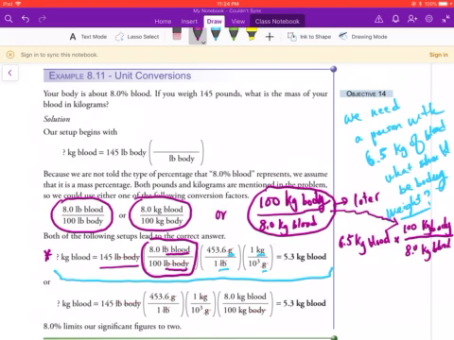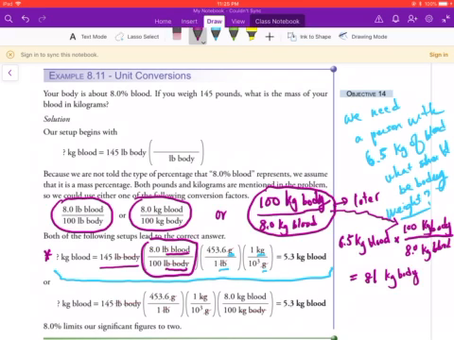So what is the answer? We'll use a calculator on this side quickly. 6.5 times 100 divided by 8.0 is 81. What's the unit? Kilograms of the body. Now, in everyday life we don't use kilograms for weight, we use pounds.